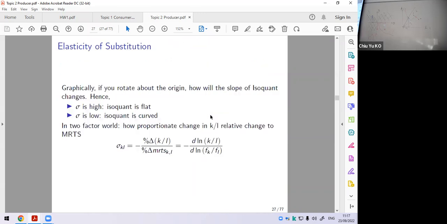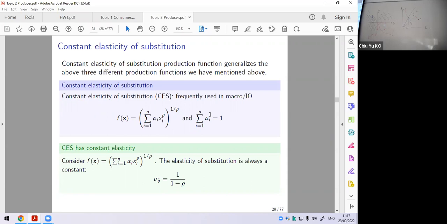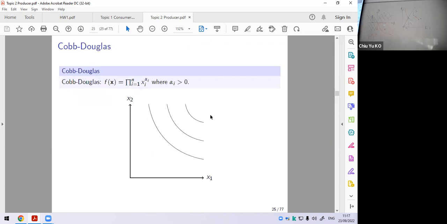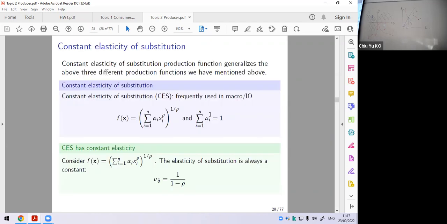Otherwise, with Cobb-Douglas, it will be less feasible, right? Because with Cobb-Douglas, each one only has one thing, right? And here you have a little bit more freedom to fit your model, right? So that's why it becomes rather convenient.